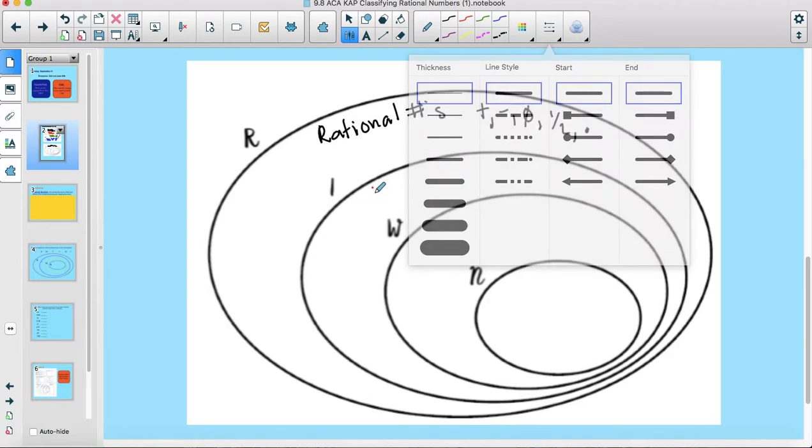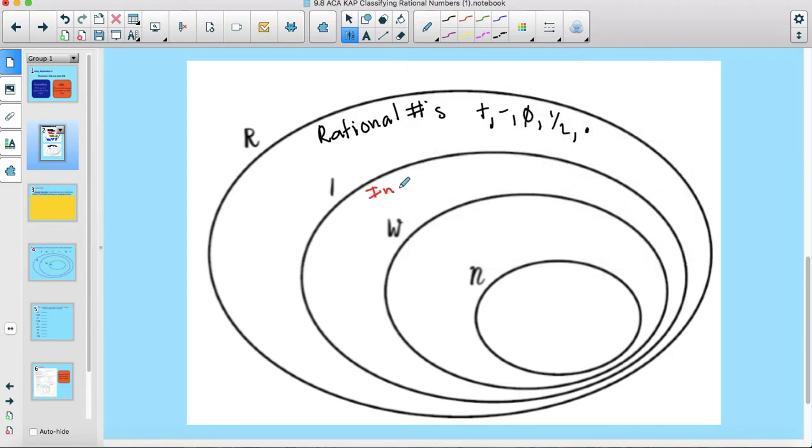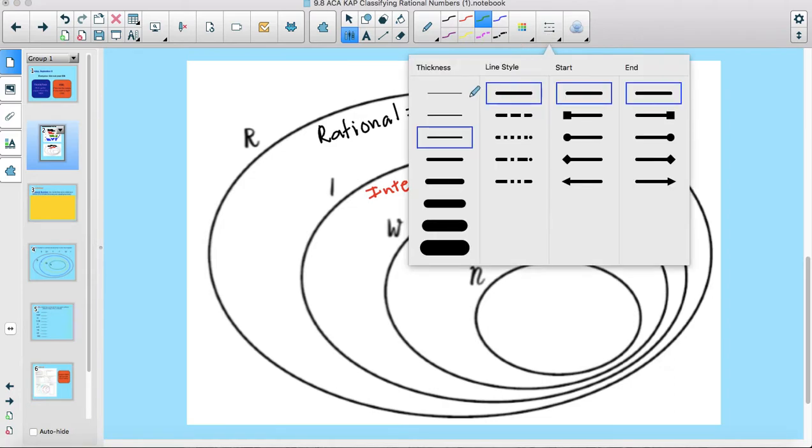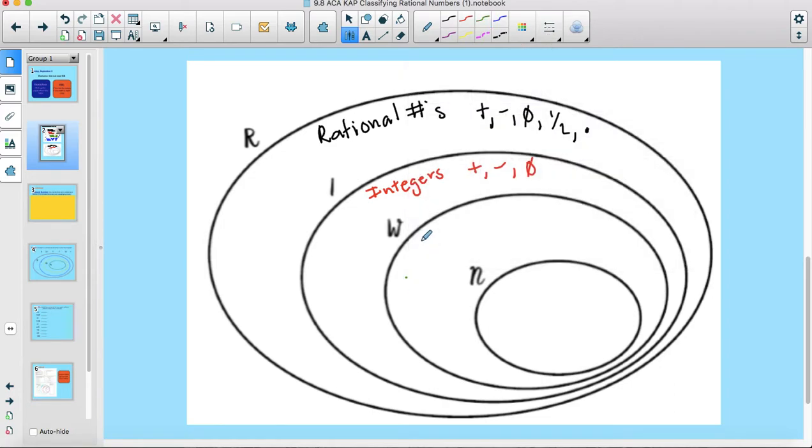And our second part is our integers. And it's a little bit smaller because it only includes positives, negatives, and 0. The third part is whole numbers, which only includes our positives and our 0.